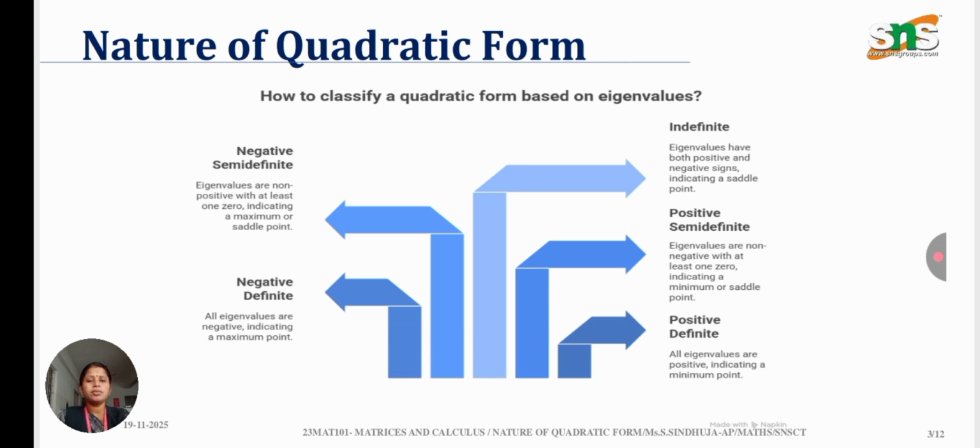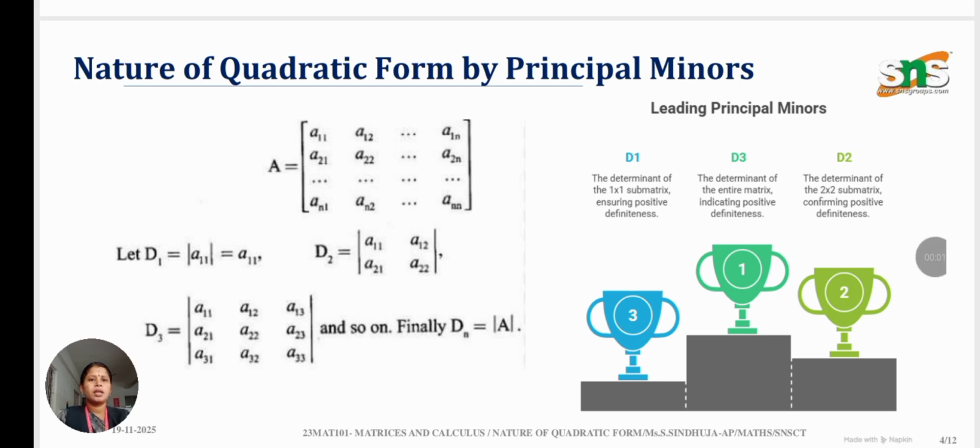If one of the eigenvalues is 0 and the other two are positive, then it comes under positive semi-definite. If all the eigenvalues are negative, then it is negative definite. If one of the eigenvalues is 0 and the other two are negative, then we say negative semi-definite. If it is a combination of both positive and negative eigenvalues, then it is indefinite in its nature. Now let us go for the nature of quadratic form by principal minors.